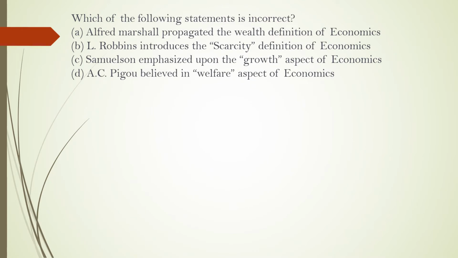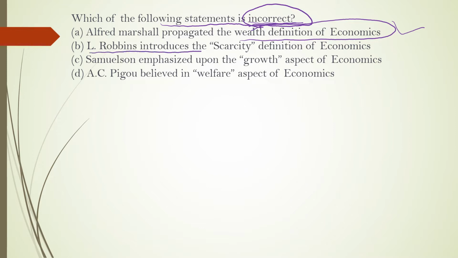Next one, which of the following statements is incorrect? Observe here, dear students, incorrect. Alfred Marshall propagated the wealth definition of economics. He is known as a neoclassical economist and he has given a welfare definition, not a wealth definition.